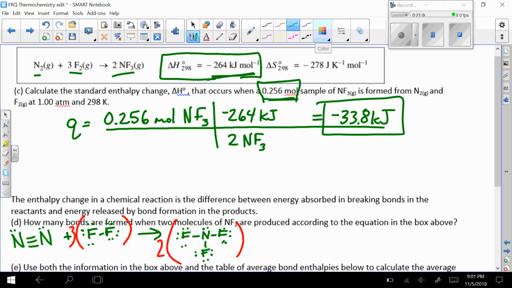So for this one, we want to know how many bonds are formed when 2 molecules of this are produced. If we have 2 molecules, each of those molecules has 3 bonds being formed. We have 6 nitrogen-fluorine bonds forming.